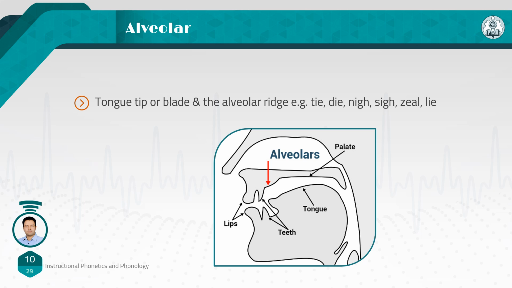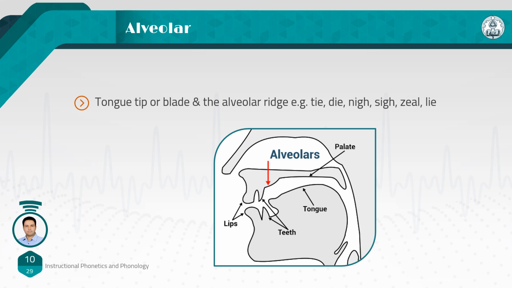Some people use the tip of the tongue when they want to say, for example, te, de. Some people use the blade of the tongue, like te, de. It depends on you. You may use the tip of the tongue for some of these words and the blade of the tongue for other words.